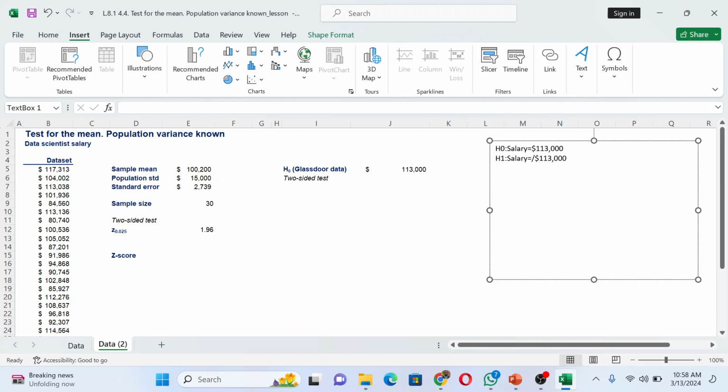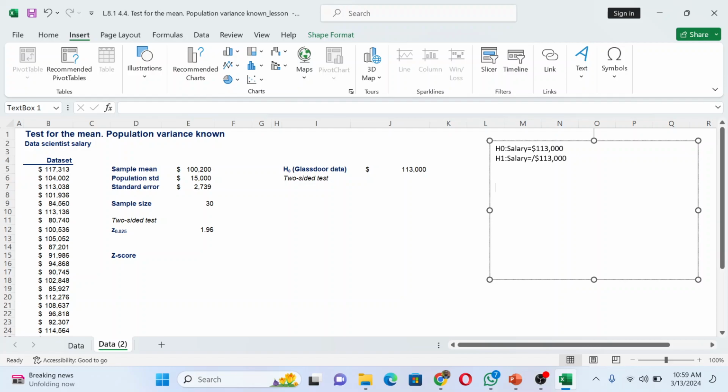The salary of a data scientist as per the Glassdoor data is equal to 113, and we want to justify that it is not equal to that. So we can define this further by saying our null hypothesis concerns the population mean, equal to 0 or not equal to 0, because we have not been given the population mean.